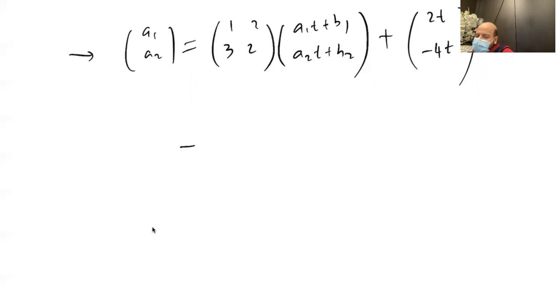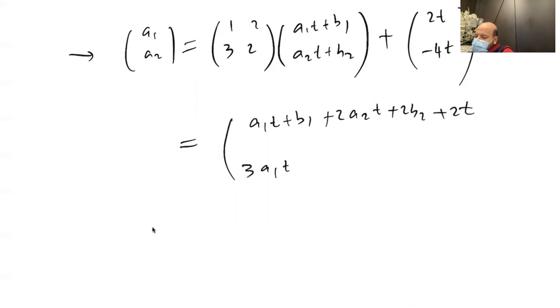So if you expand the right-hand side, you will have a1t plus b1 plus 2a2t plus 2b2 plus 2t. And then second coordinate will be 3a1t plus 3b1, 2a2t plus 2b2, and minus 4t.